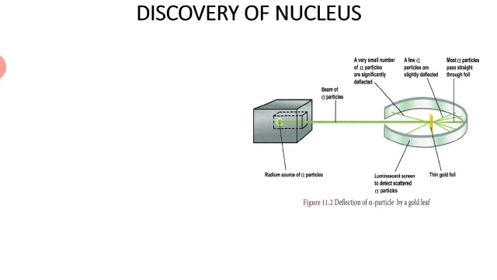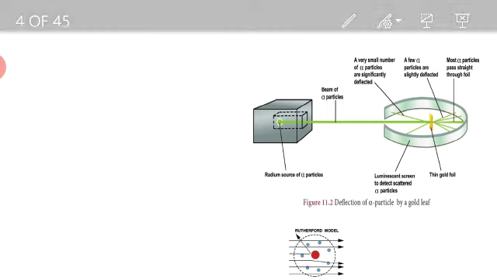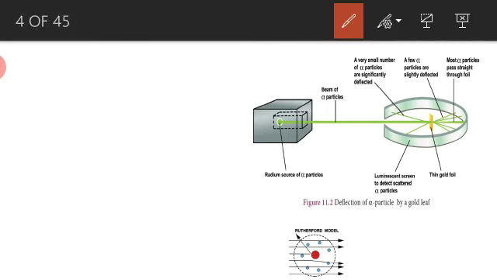In 1911, Lord Rutherford, a scientist from New Zealand, performed his famous experiment of bombarding a thin gold foil with very small positively charged particles called alpha particles. Alpha particles are nothing but helium atoms, helium H2 4.